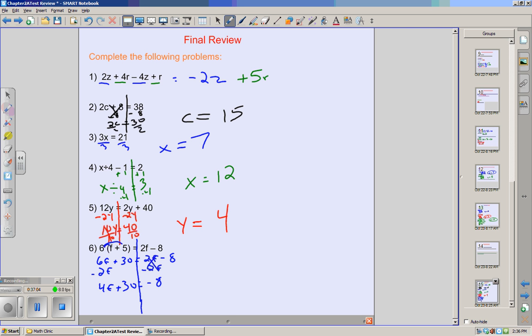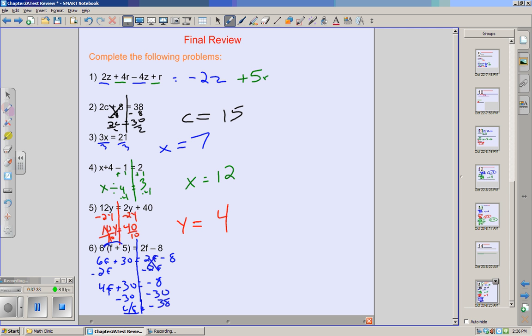And again, I am back to, that's a bad f. That is a poor f. I apologize. I am back to two-step algebra. 4f plus 30 equals negative 8, minus 30, minus 30. That equals negative 38. 4f equals negative 38. And I didn't even make that a whole number for you.